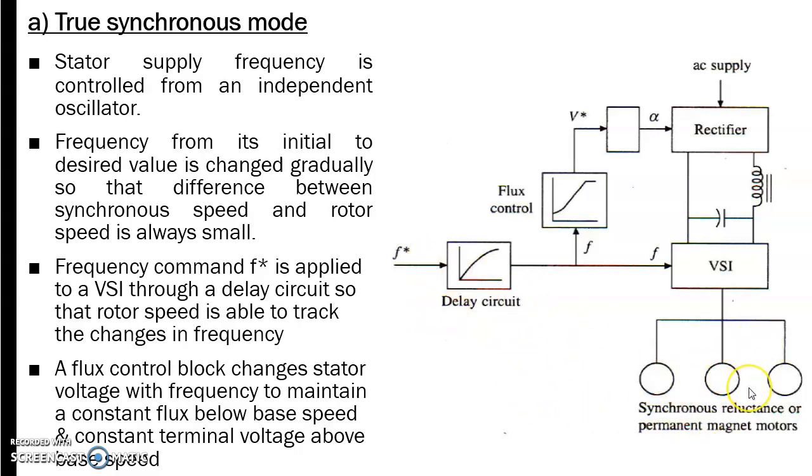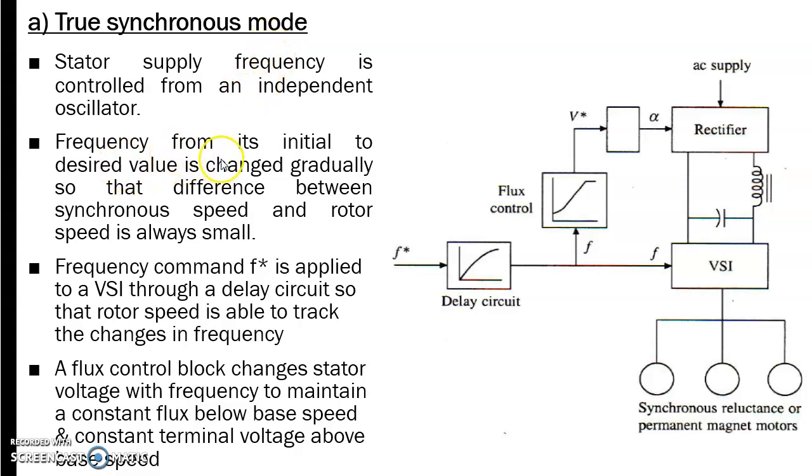There is no information we are collecting from the synchronous motor. So stator supply frequency is controlled from an independent oscillator. There is no feedback from the actual rotor speed. Hence it is a true synchronous mode, open loop mode.